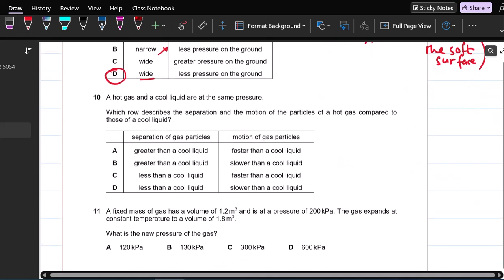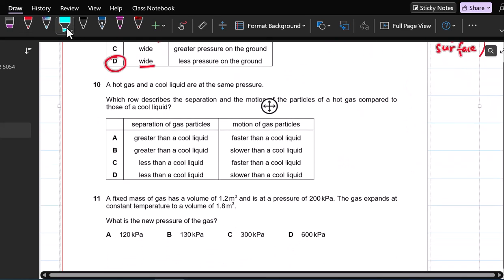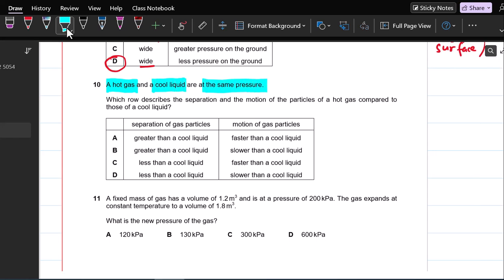Moving to question 10. A hot gas and a cool liquid are at the same pressure. Which row describes the separation and the motion of the particles of a hot gas compared to those of a cool liquid?